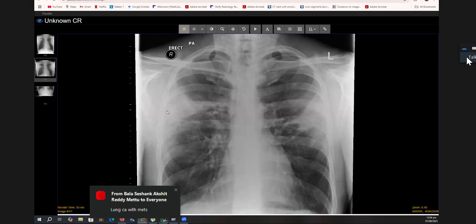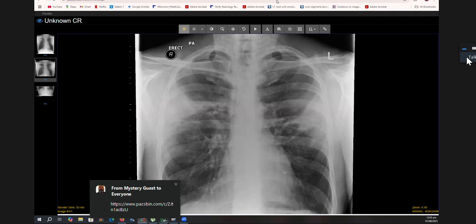Quickly going through the rest of the lung fields, bones and soft tissues, they are grossly unremarkable. So this is a reverse bat's wing pattern. Good. Sir, what does it suggest in this case? So differentials would be cryptogenic organizing pneumonia, eosinophilic pneumonia, and COVID. Okay, that's good, well done.